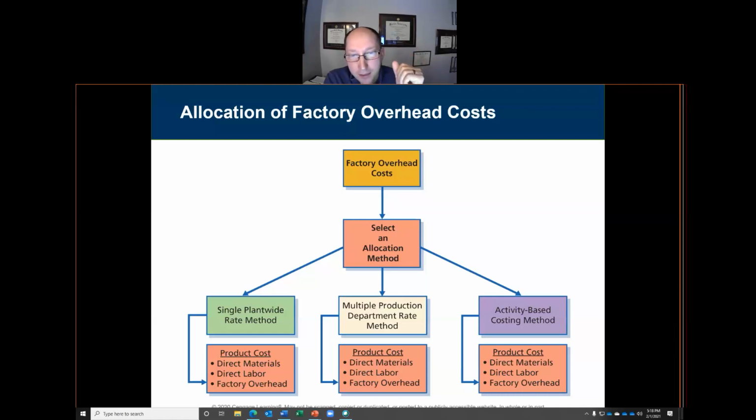The second method that is commonly used is called the multiple production department rate method. In this method, I want you to think about a company that makes more than one product line, and they have multiple departments.